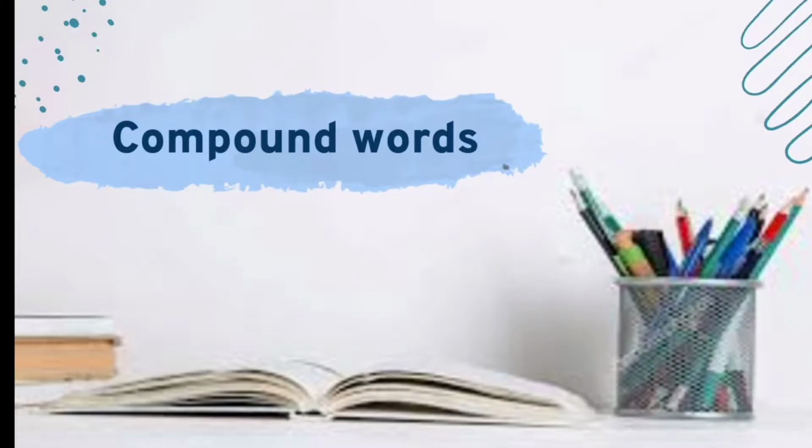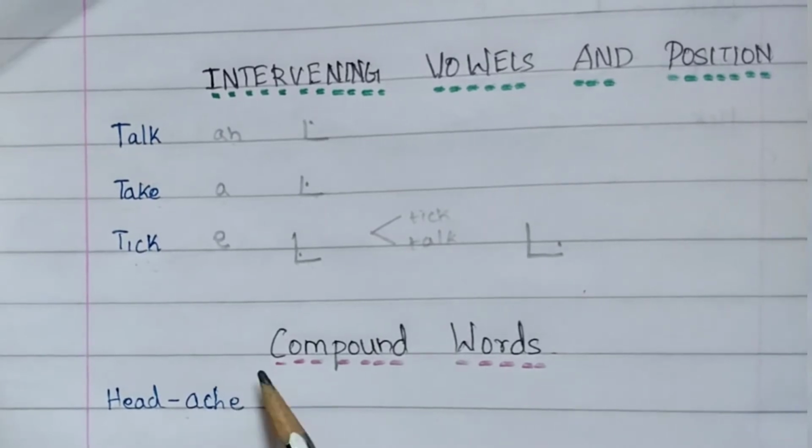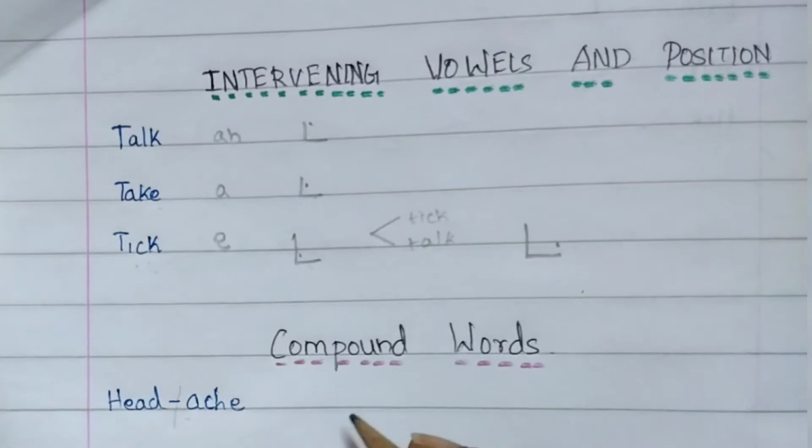But these rules are not applicable for compound words. The intervening vowel that occurs in a compound word should be written according to the individual outlines. For example, take the word headache. This compound word should be written the way it would be written when we separate the word.